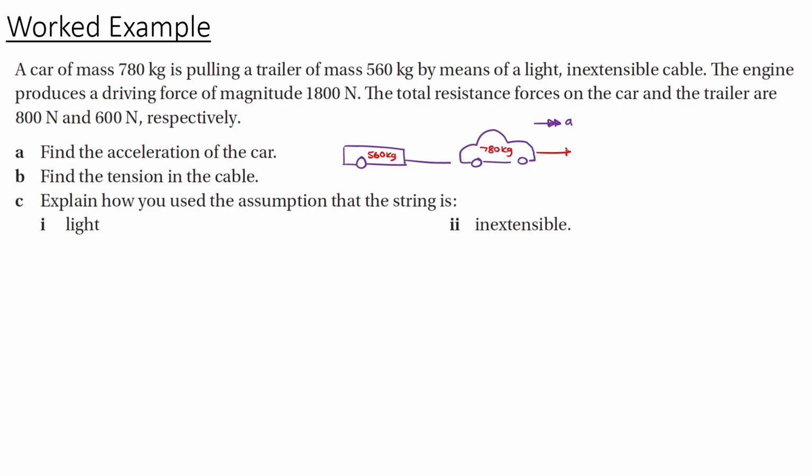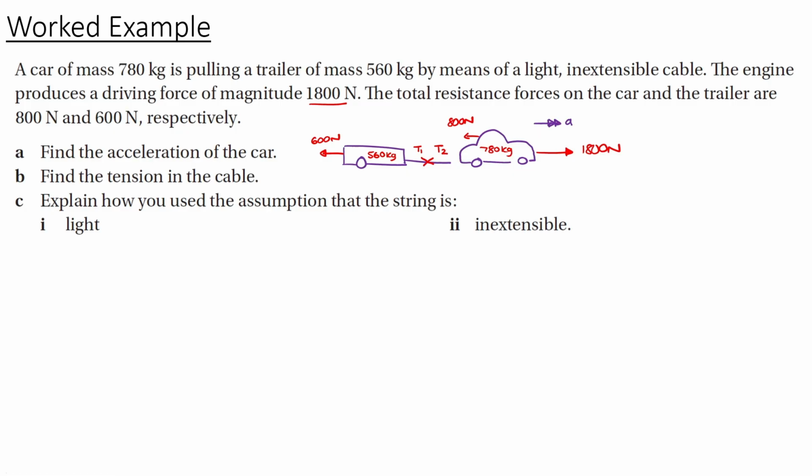I've got a total driving force of 1800 newtons, and I've got a resistance force of the trailer which is 600 newtons, and I've got a resistance force of the car which is 800 newtons, and I've got tension in the rope going in this direction, and tension in this direction here, which I'm just going to call T1 and T2.